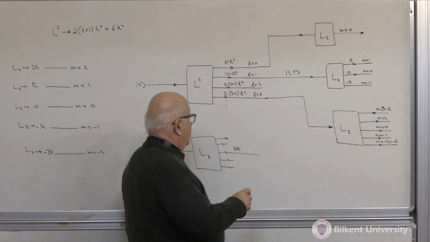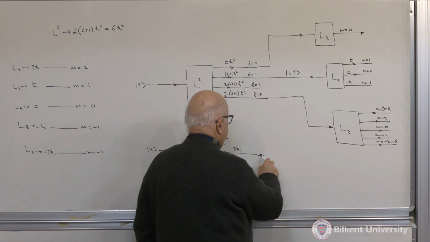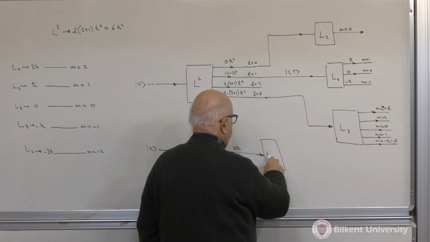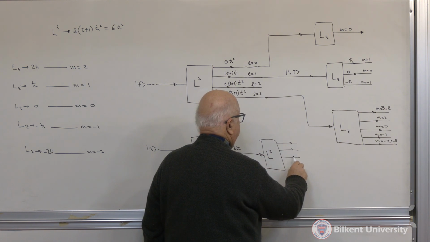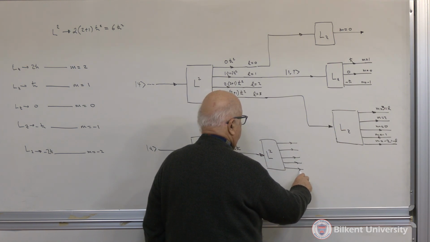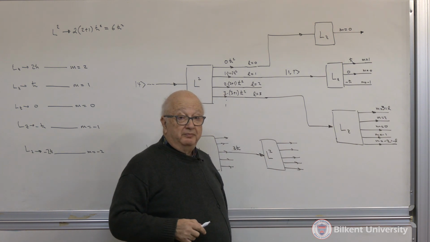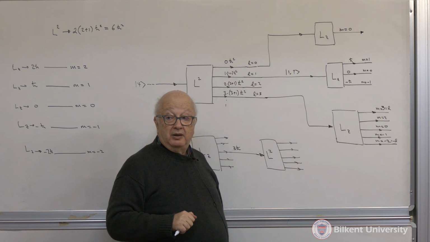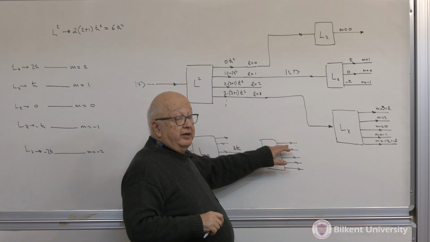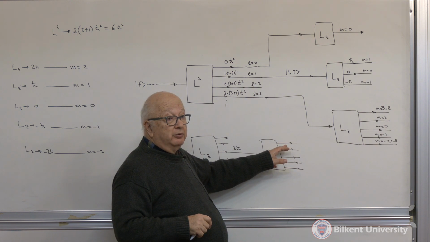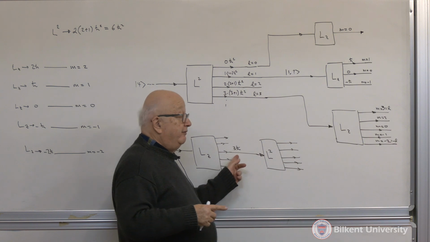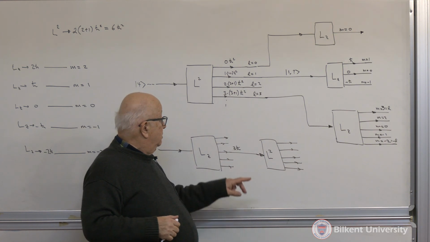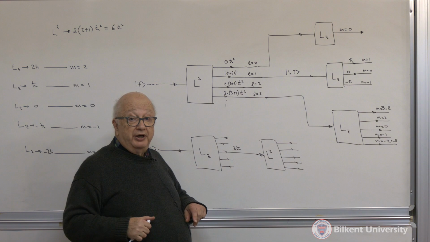Now I want to measure what L squared is. There will be a number of possibilities. What will those possibilities be? Anything greater than or equal to L equals 3. There's no way I can get L squared equal to 0 out of here, because if the total angular momentum is 0, I shouldn't have gotten an Lz equal to 3h bar.